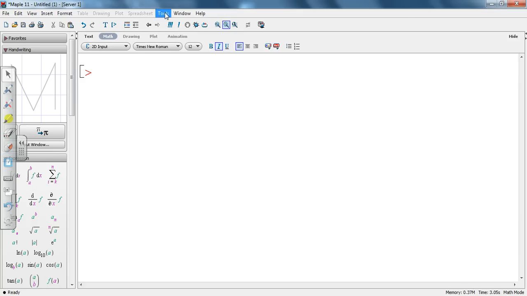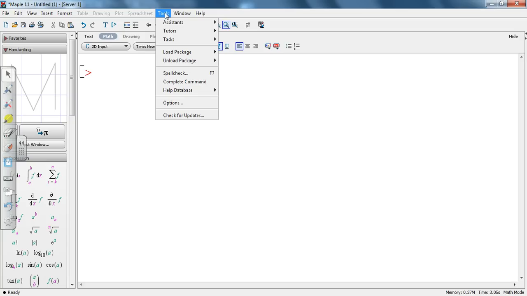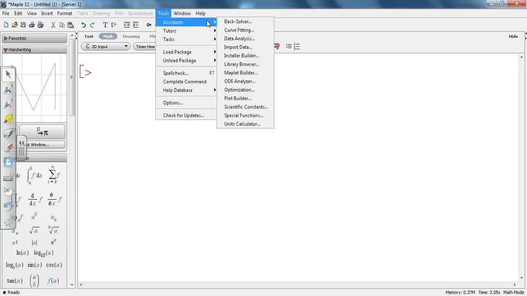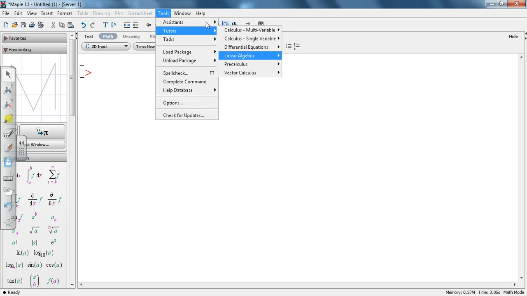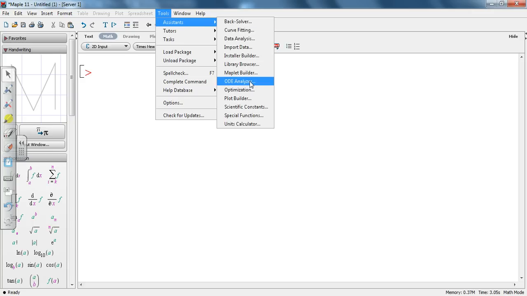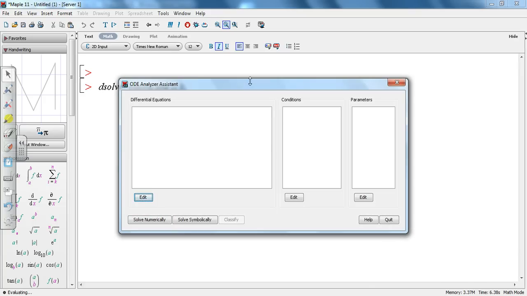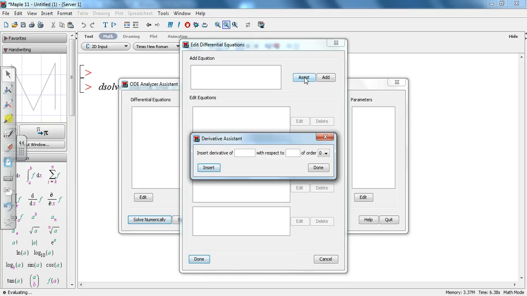Alright, so the first problem I'm going to do is from section 2, problem number 5. So I'd go to Tools, Assistant, Ordinary Differential Equation Analyzer. So that's the tool that I would use. And then I'd edit the differential equation. I want it to be y in relationship to x, and I need a first order differential equation, and I need a 0th order differential equation.